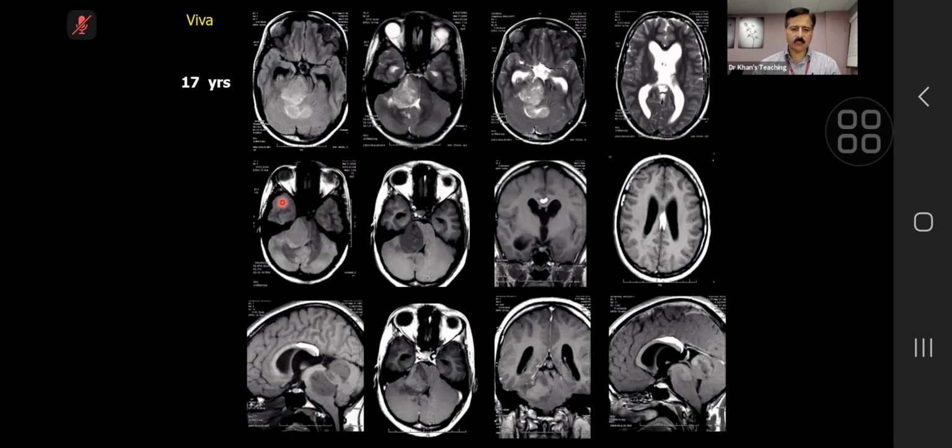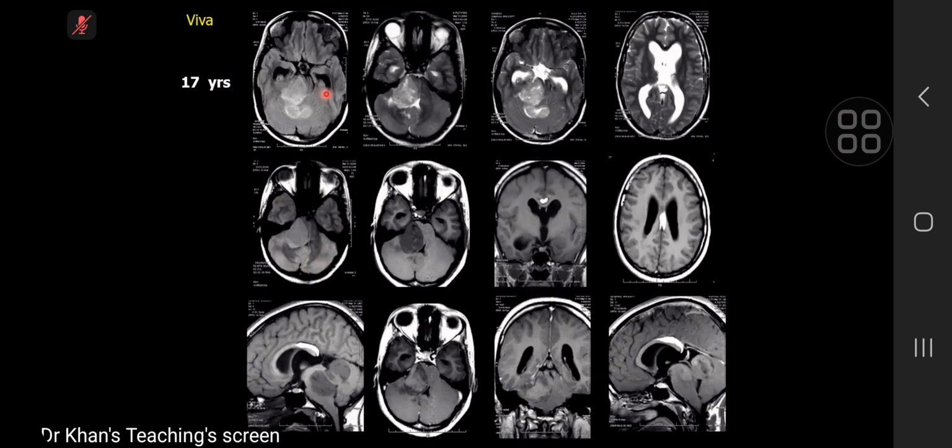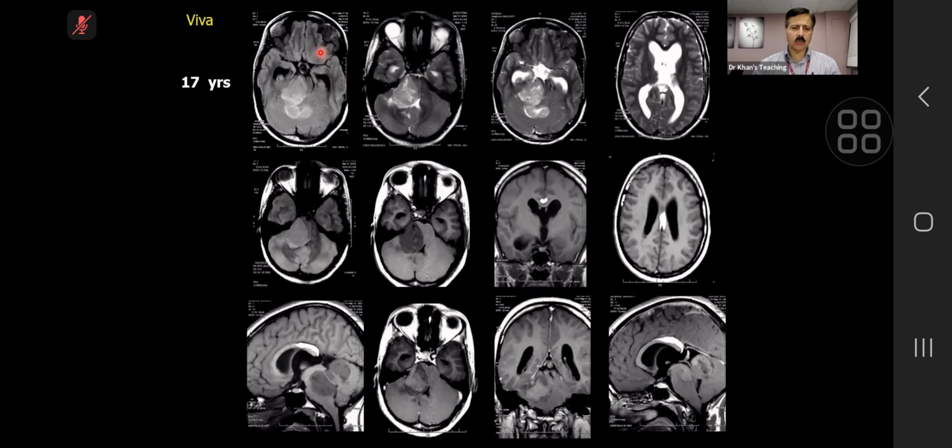But having said that, first of all, everything else was fine. This one is a FLAIR sequence. And the key here is that CSF is black and the white matter is also dark, and you can see the fourth ventricle here.